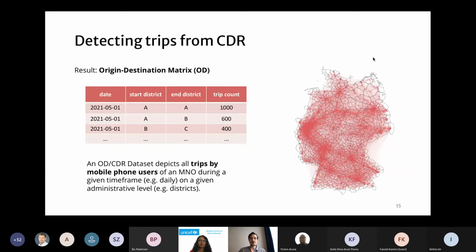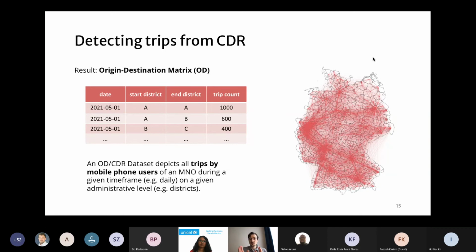For example, we would be able to get these mobility origin destination matrices for different age groups, for different genders. They would be able to distinguish tourists and residents of Germany, things like that. But this depends a lot on the MNO, and I can't really say in general how that is globally.